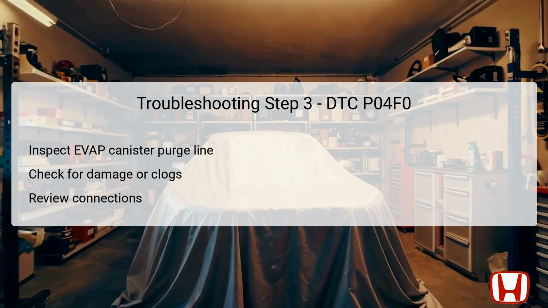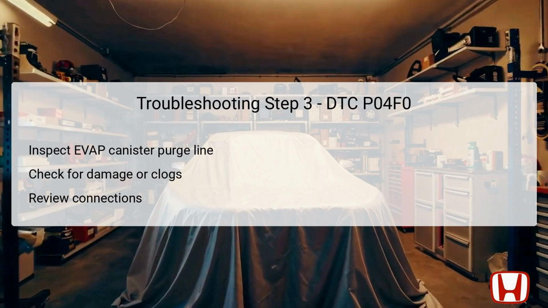The next crucial step is the inspection of the EVAP canister purge line. Technicians should look for any signs of blockage, connection issues, or physical damage to the line itself. A visual inspection should suffice initially. However, utilizing diagnostic tools for vacuum testing can further yield insights regarding potential leaks or restrictions.